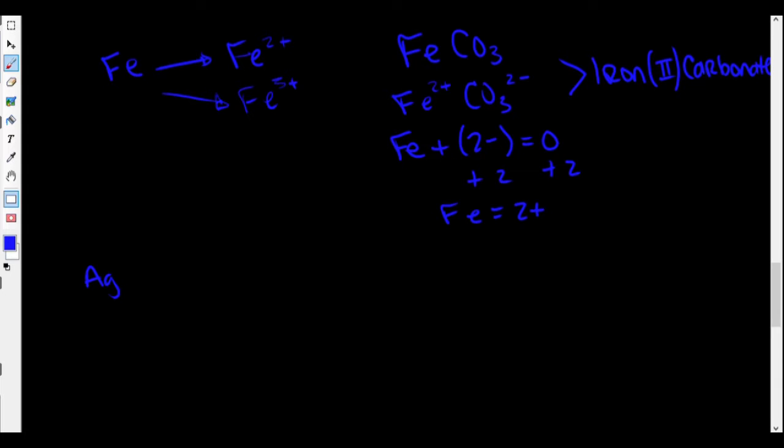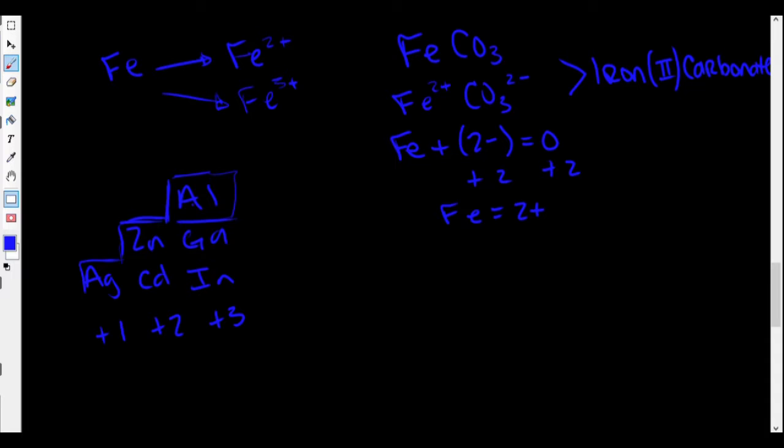When you look on the periodic table, Ag, Cd, Zn, and then Al, Ga, In. A neat little trick is to start from aluminum and make a little staircase. Bam. Like this, right?